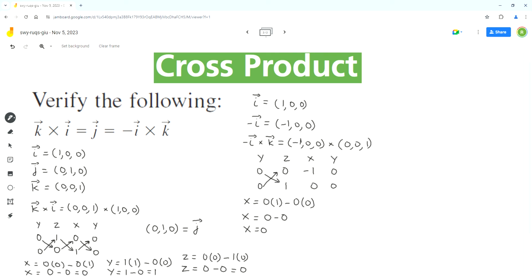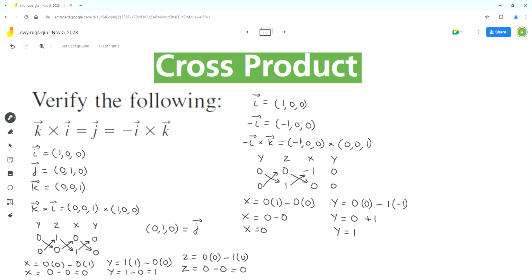Now we can find the y component. So we'll cross multiply the z and x components. So we start with 0 times 0 minus 1 times -1. So I get y equals 1.